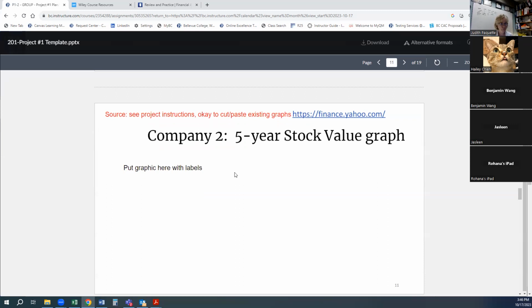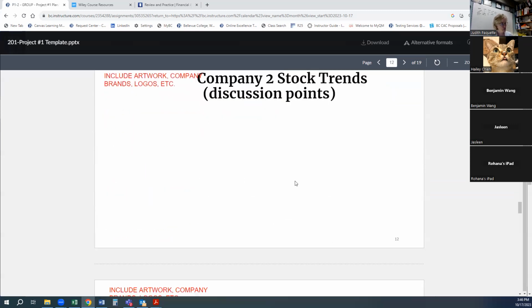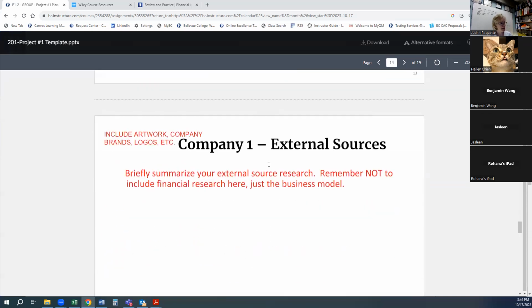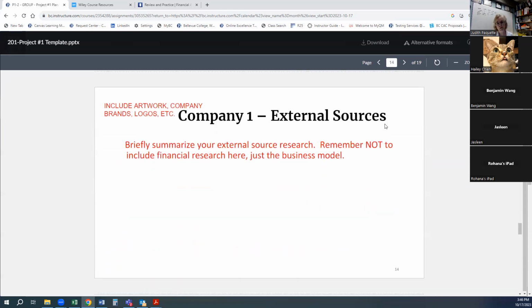Compare the companies on stock value and stock trends, and something called governance scores. And then you go out and you look at, for each company, somebody looks up 6 articles, company 1, 6 articles, company 2, and you briefly summarize that research. And I have some links where I can help you find resources for that.